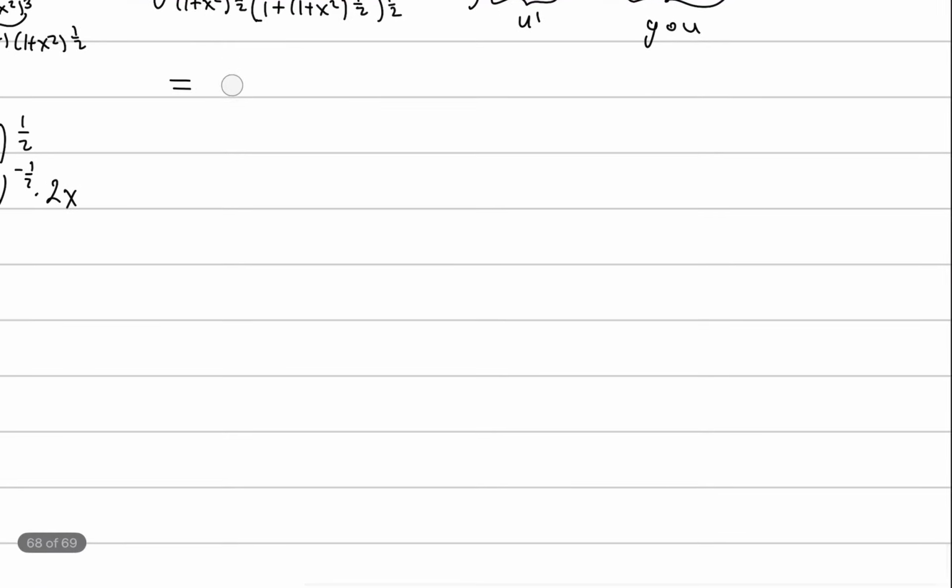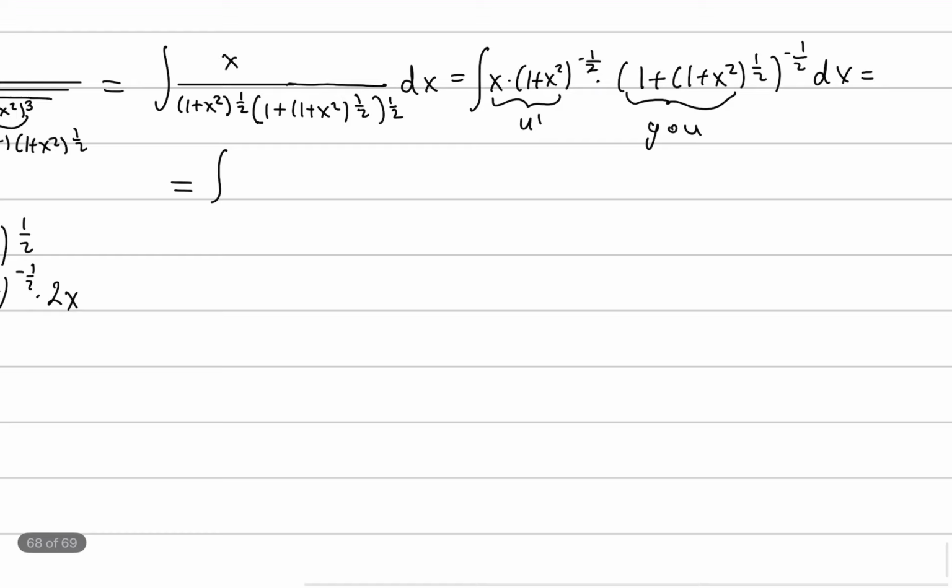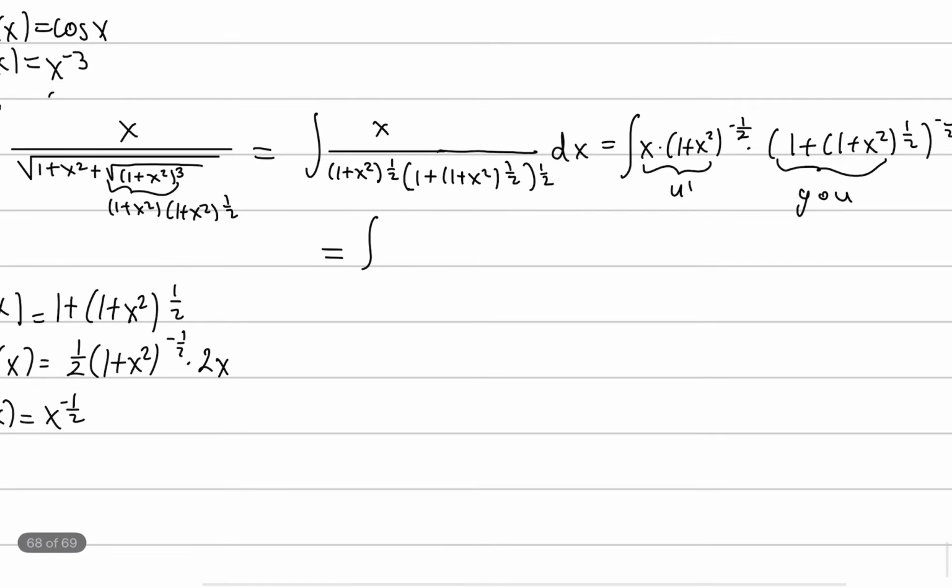That way, now we know how to do this integral, which should be now apparent using our g of x. We said with x to the negative 1 half dx, composed with our u of x, 1 plus 1 plus x squared to the 1 half.